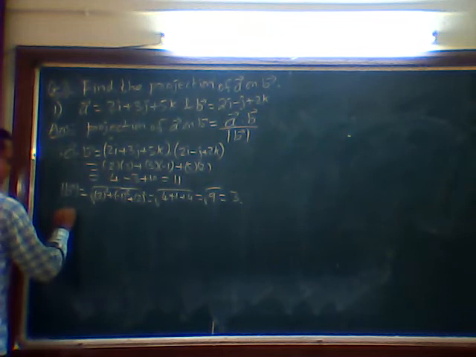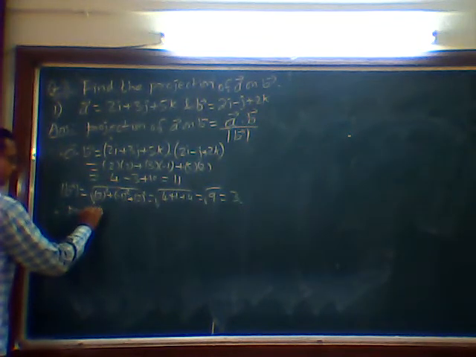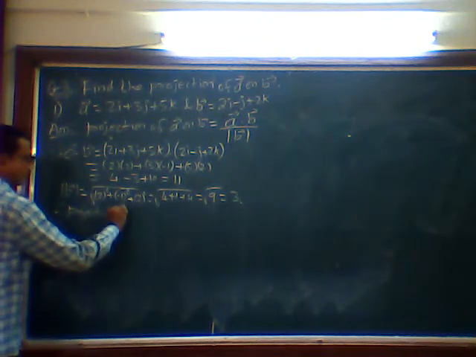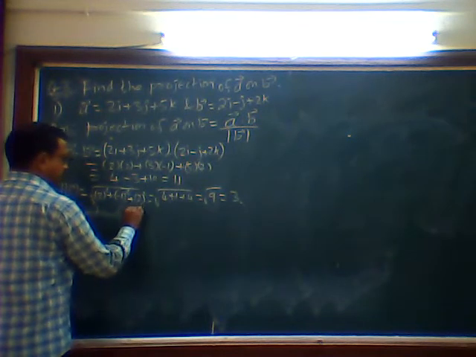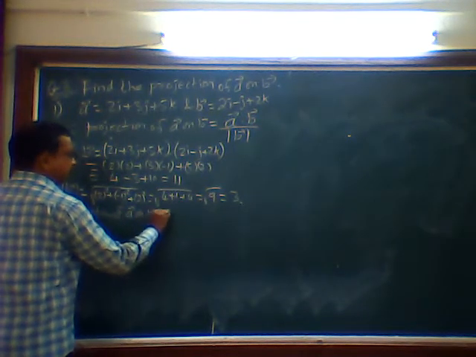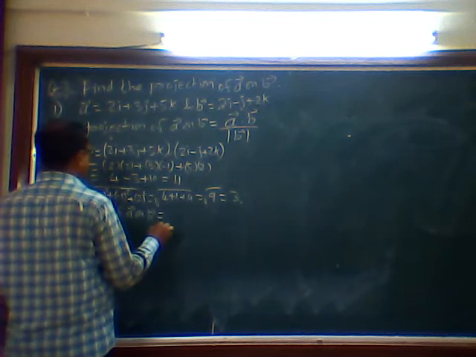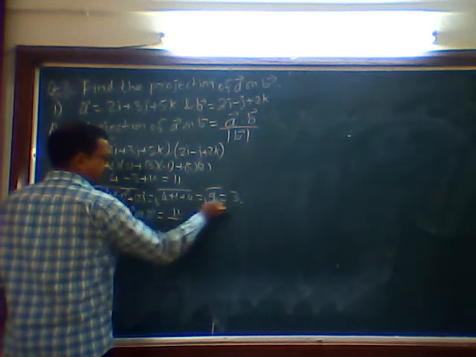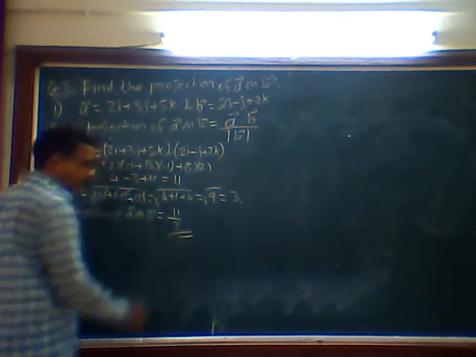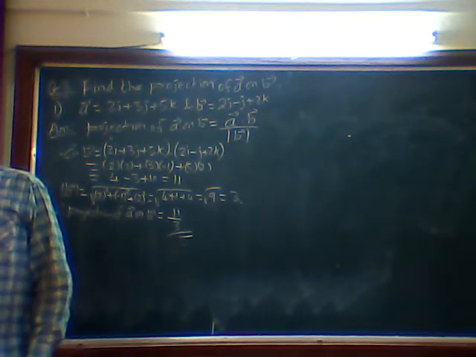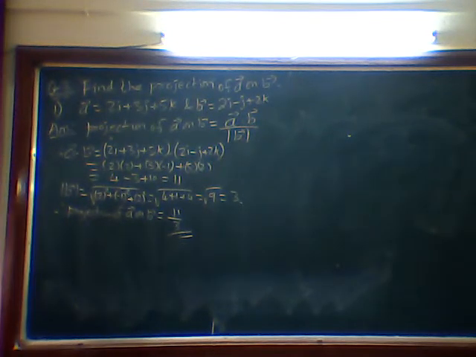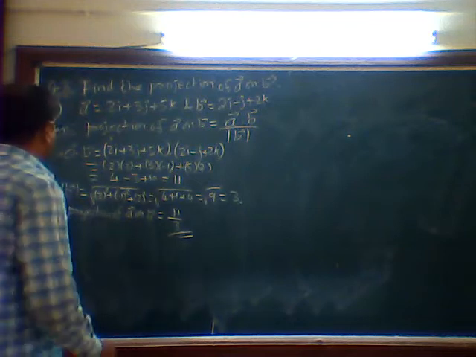Therefore projection of a bar on b bar is a bar dot b bar, 11, divided by this answer. 11 upon 3 is the answer. Okay, we'll do another problem.